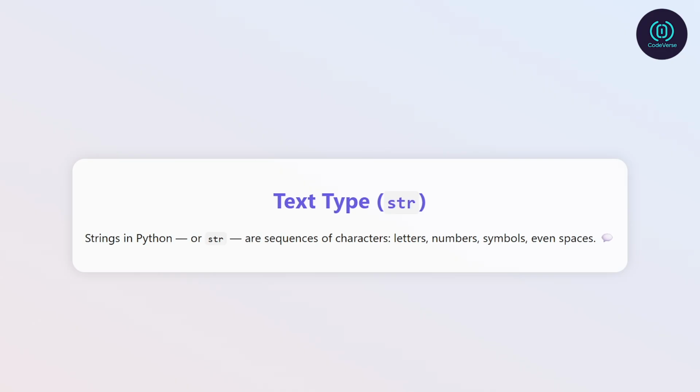Strings in Python, or str for short, are one of the most common and powerful data types you'll use every single day. A string is simply a sequence of characters, letters, numbers, symbols, spaces, anything you can type on a keyboard. If you've ever written a sentence, typed your name, or even just pressed a key, congratulations, you've worked with string-like data.